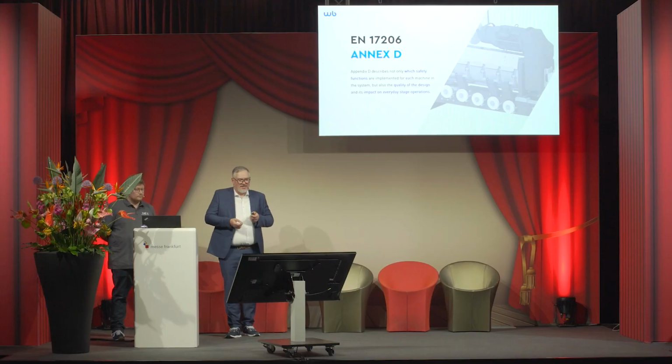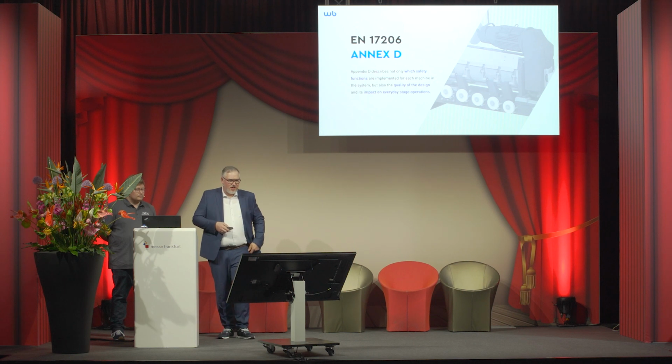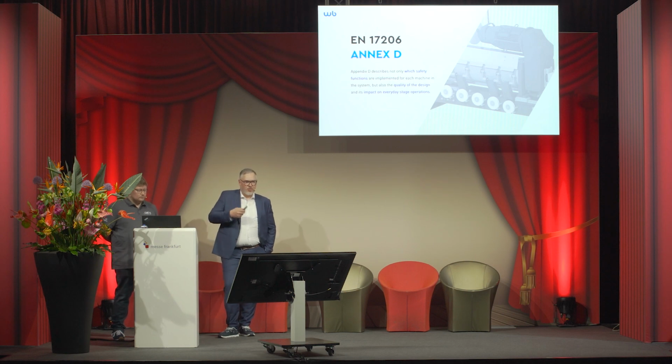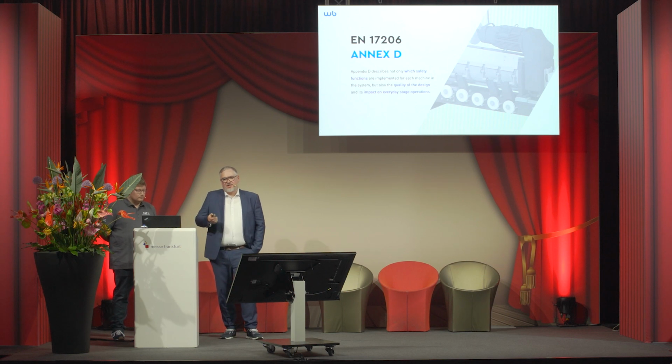So as a summary, the Annex D describes not only which safety functions are implemented for each machine that you have, but it also gives you information about the quality of the safety design of the machine and the impact on the everyday stage operation.